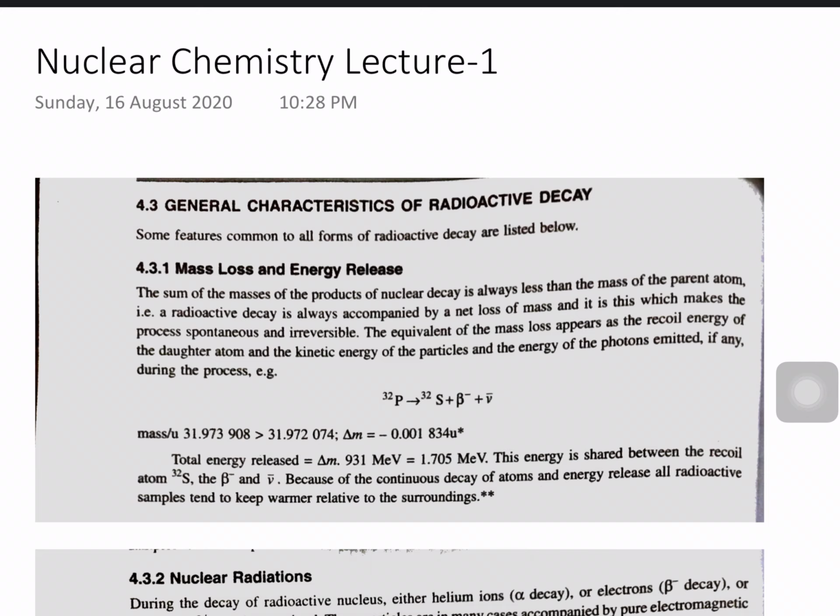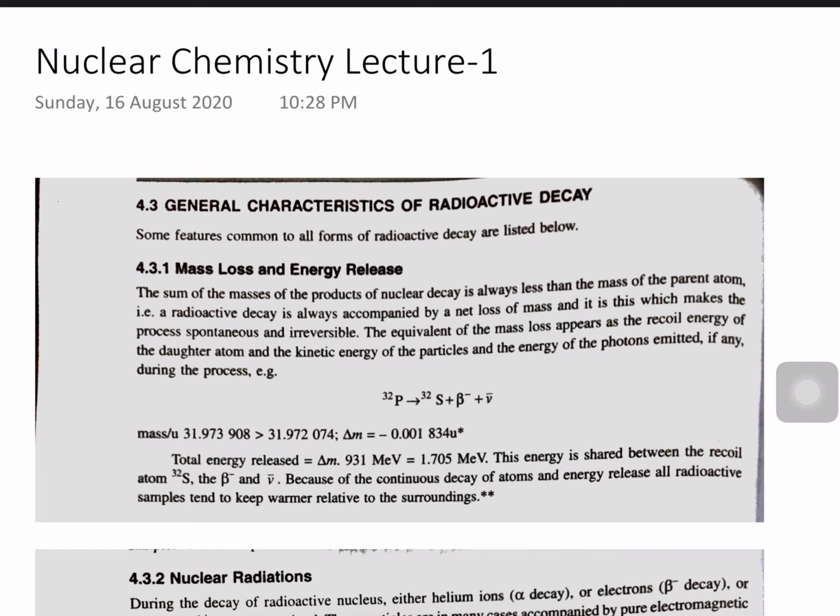The equivalent of the mass loss appears as the recoil energy of the daughter atom and the kinetic energy of the particles and the energy of the photons emitted, if any, during the process.